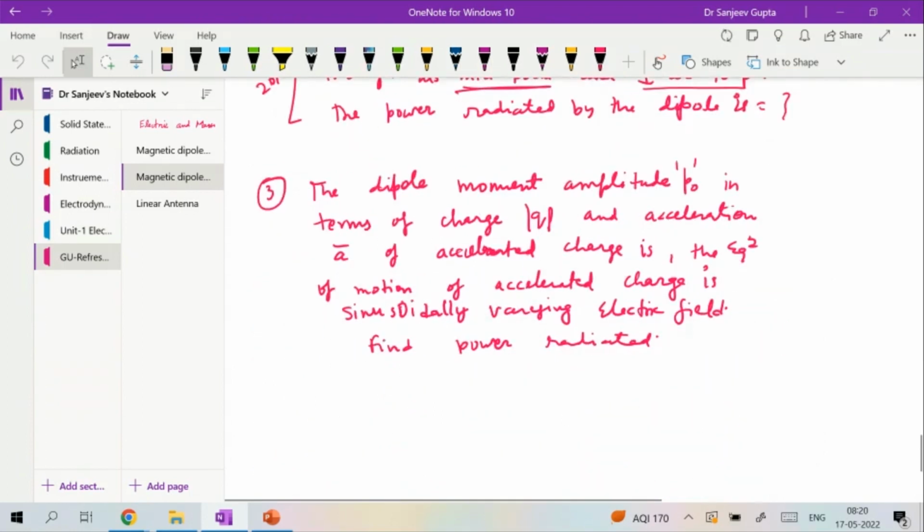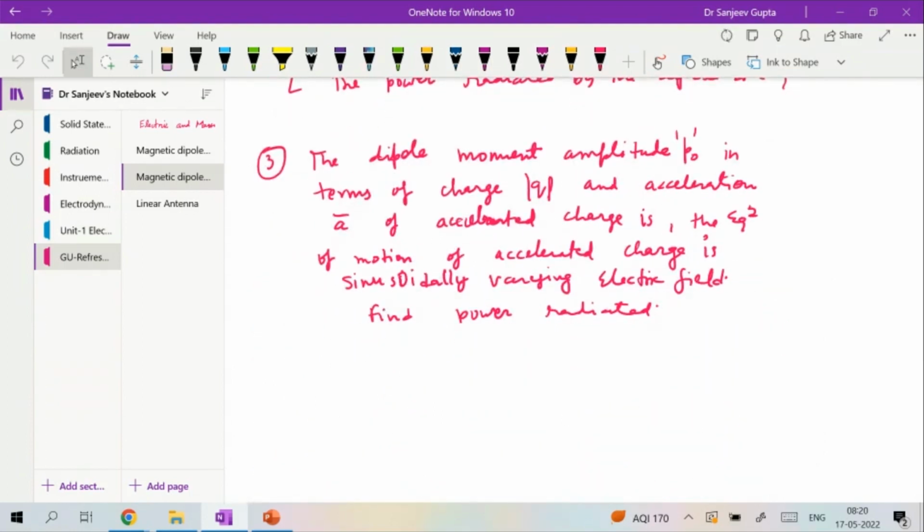Another example: suppose you have a dipole moment with amplitude p0 in terms of charge q, and the acceleration a of the accelerated charge, the equation of motion of the accelerated charge, is a sinusoidally varying electric field. Find the power radiated. So I have given some exercises to you.